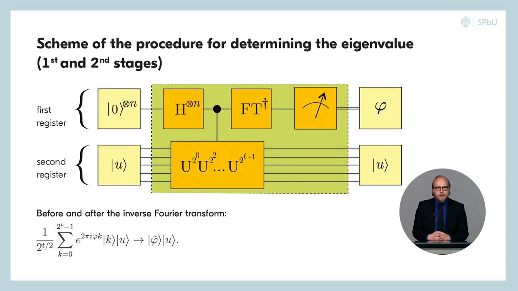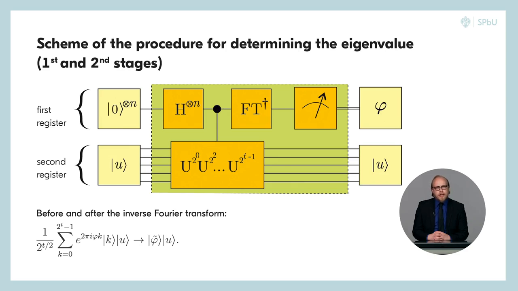This state will give a good estimation for phi and therefore for the eigenvalues of the unitary operator u, which corresponds to its eigenstate u. At the same time, qubits phi 1, phi 2, phi 3, and etc. phi t will be in the computational basis, that is, we can only measure them.